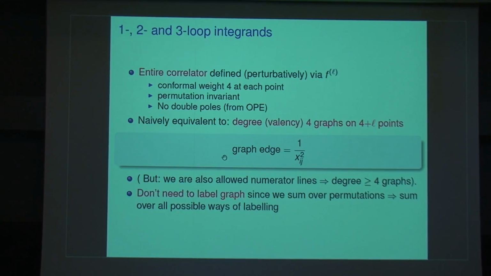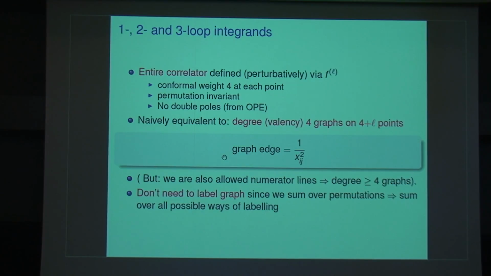So translation symmetry tells me it's just a function of x_ij squared. Conformal symmetry tells me that they have certain homogeneity properties in the various variables. So it's got weight 4 in each variable. And then you can discuss this graphically.